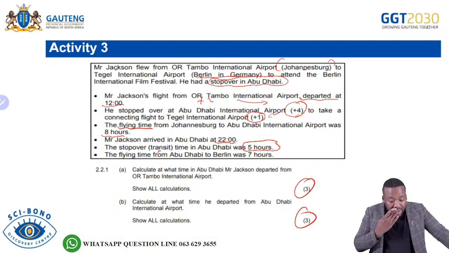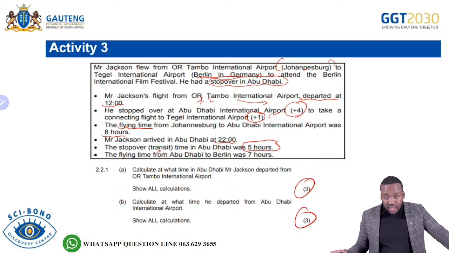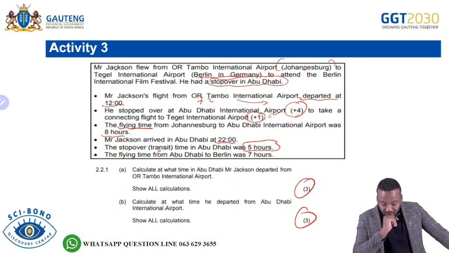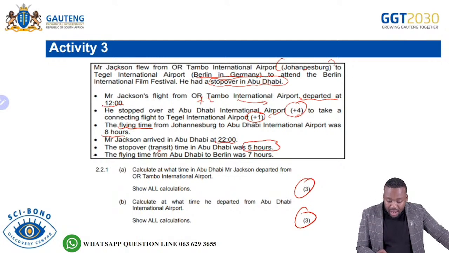What does this mean? For him to wait for the next connecting flight, he had to wait for how many hours? For 5 hours. Then the flying time now from Abu Dhabi to Berlin, his final destination, was how many hours? 7 hours.